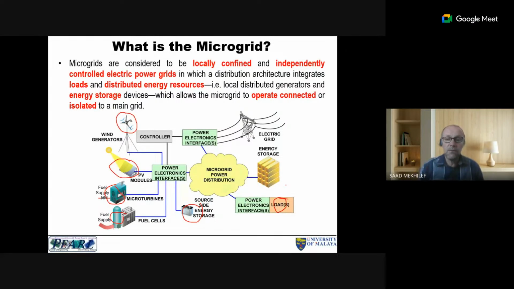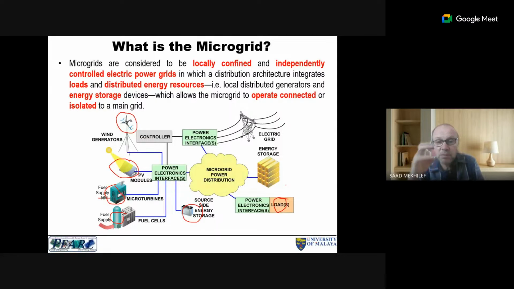If the area has good access to hydrogen, then you can make use of the hydrogen and use fuel cell systems. So you have different combinations of resources, depending on their availability, because we will discuss later on that one of the criteria of designing this microgrid is that it has to be economically feasible.